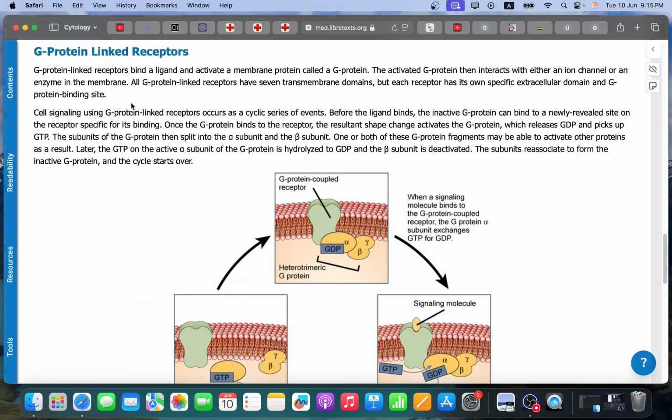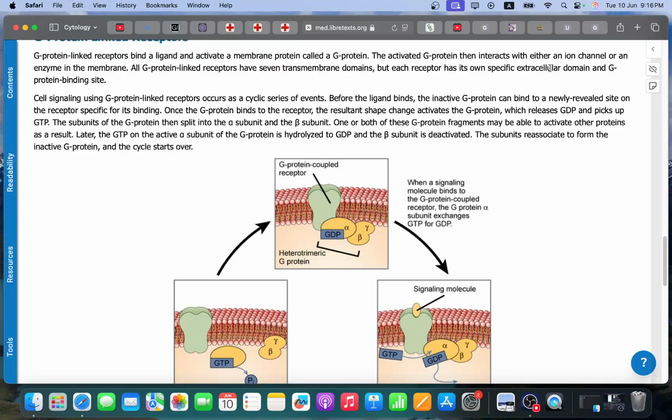G protein linked receptors bind a ligand and activate a membrane protein called G protein. The activated G protein then interacts with either an ion channel or an enzyme in the membrane. All G protein linked receptors have several transmembrane domains, but each receptor has its own specific extracellular domain and G protein binding site.